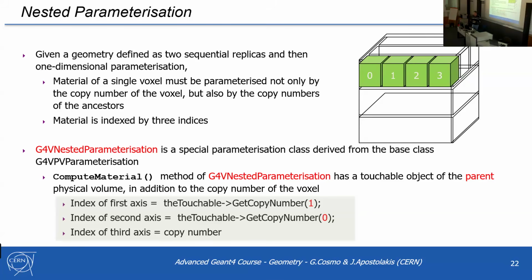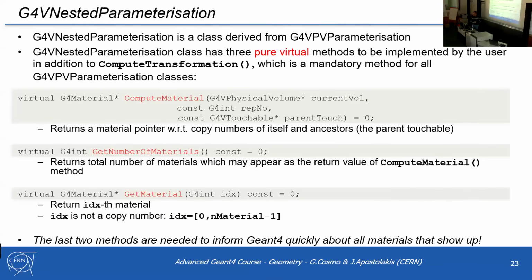So in this case, from the touchable, you will be able to get the copy number of the first axis, the copy number on the second axis, and the copy number that you know already of the volume of the parameterization itself. So this is essentially how it looks.